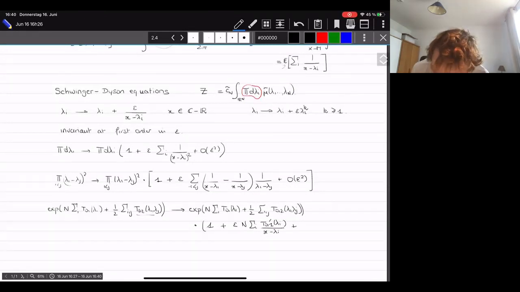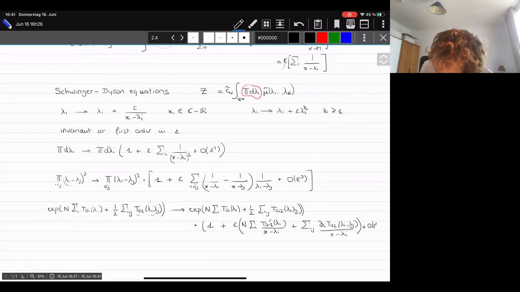And since I'm summing over all i and j, I can assume that t_2 is symmetric. So normally I have variation of the lambda i and of the lambda j, but this is symmetric, so I can just do variation of the lambda i, and then it will cancel the factor of 2. So I sum over i,j, d lambda i t_2 lambda i lambda j over x minus lambda i, and then higher order terms.